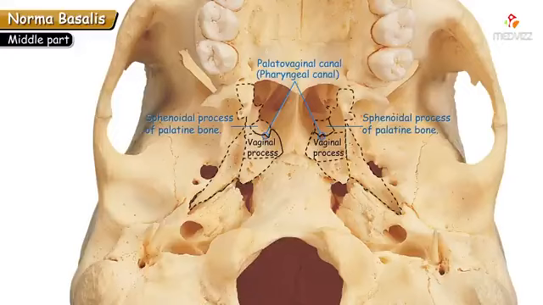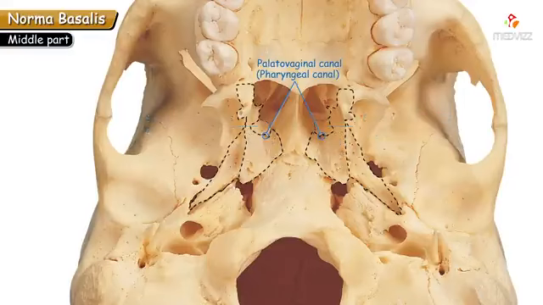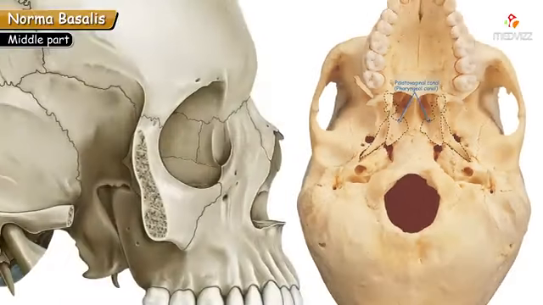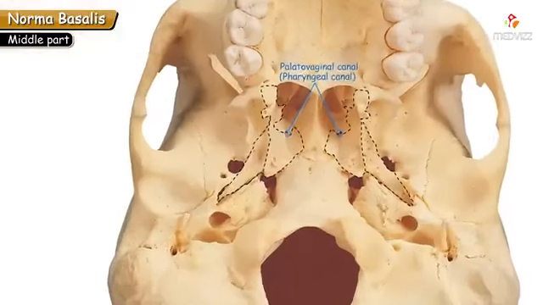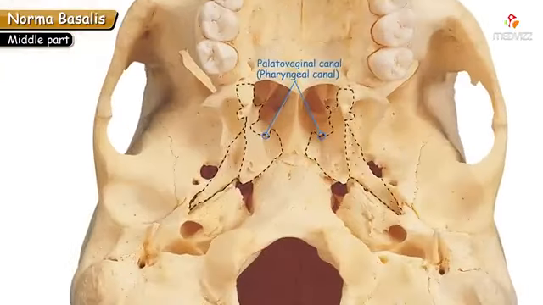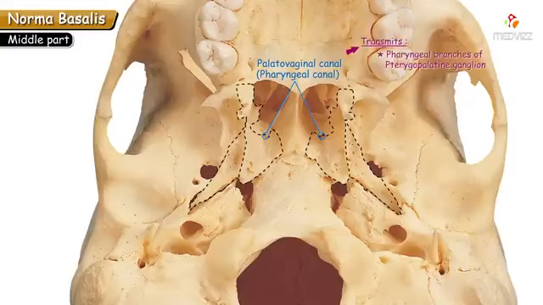This gap is the pharyngeal canal, and this canal leads anteriorly into the pterygopalatine fossa, which contains a ganglion called pterygopalatine ganglion. So, this palatino-vaginal canal transmits branches from the pterygopalatine ganglion and branches of maxillary artery, that is the pharyngeal branches of third part of maxillary artery.